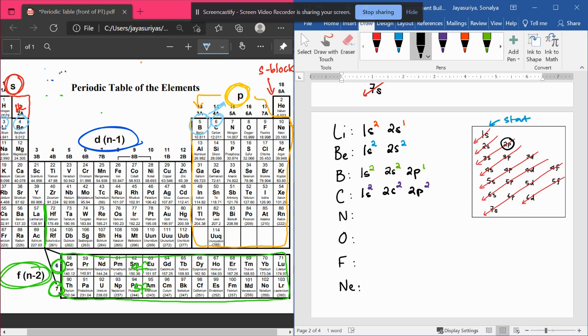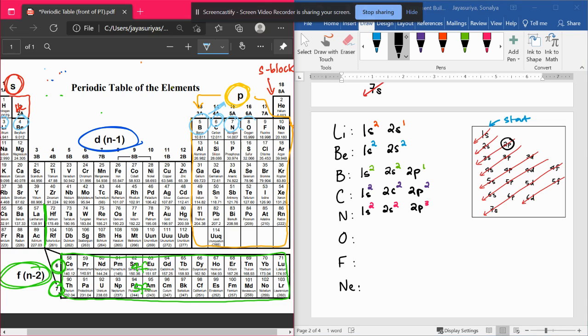Then nitrogen, second period, p block, stopping point is the same. What comes before 2p? 1s, 2s, then 2p. How many electrons in nitrogen? 7 electrons in nitrogen. Out of 7, 2 go here, 2 go here, that's 4. 3 left over, the 3 go here. Okay? Then, the next one.